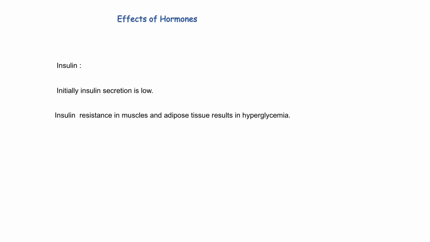This resistance is due to changes in receptors and glucose transporters in these tissues. Presence of counter-regulatory hormones and insulin resistance ensures adequate blood glucose levels during situation of stress.